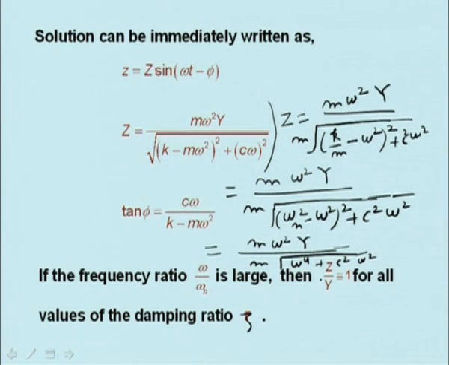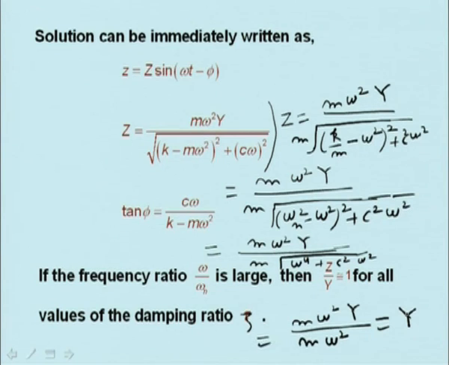Since omega is a very large number, the omega 4 term is very high in comparison to the c square omega square term, as damping is always less than 1. So I can write this as m omega square Y divided by m omega square, which is equal to Y. Therefore Z is equal to Y. So irrespective of damping, Z is equal to Y if omega by omega n is large.